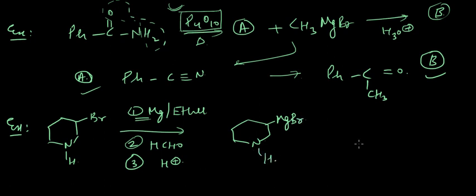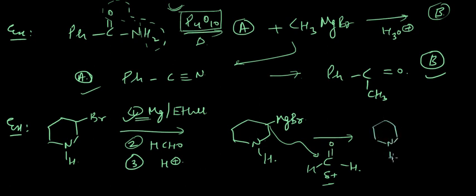Okay, next when we react with HCHO, what will happen is this carbon will attack on this partially positive carbon atom, because of the presence of O, an electronegative atom, on C. So we'll have something like NH and CH2O negative.